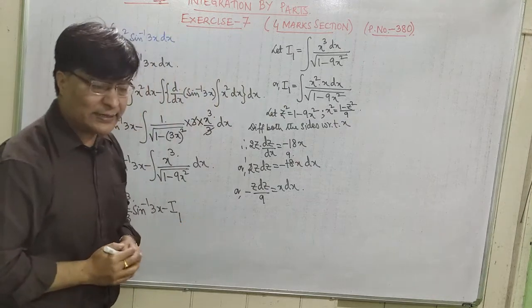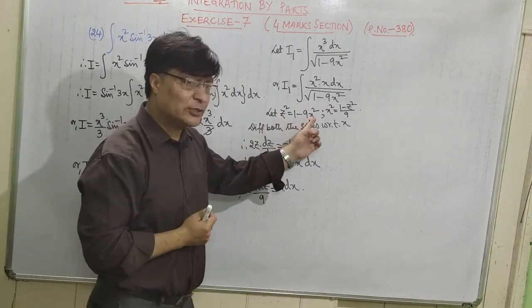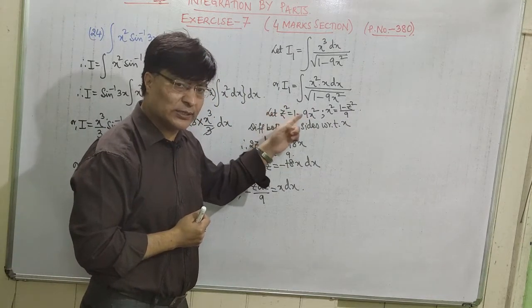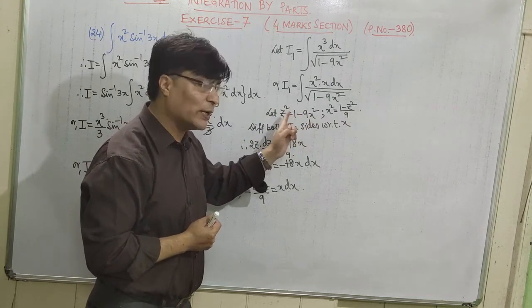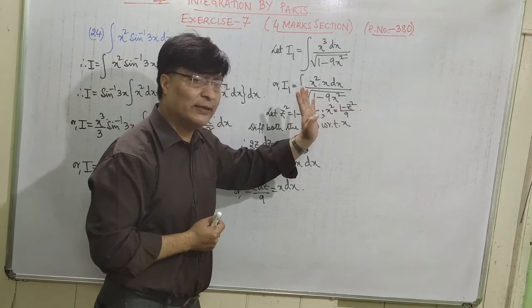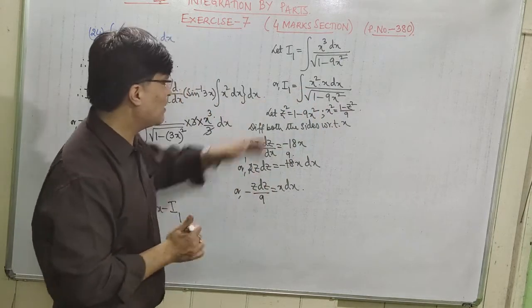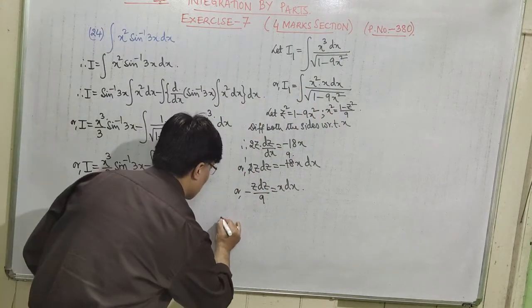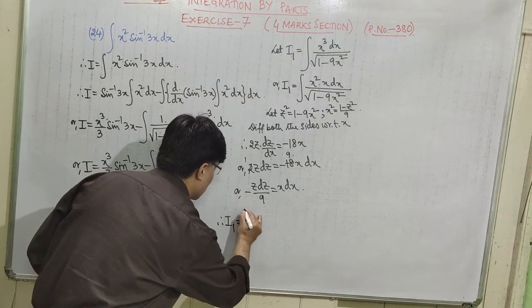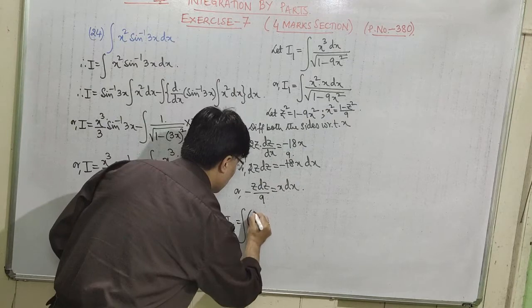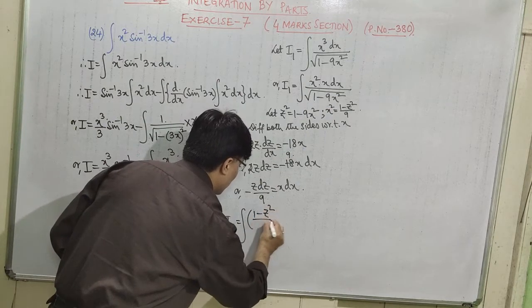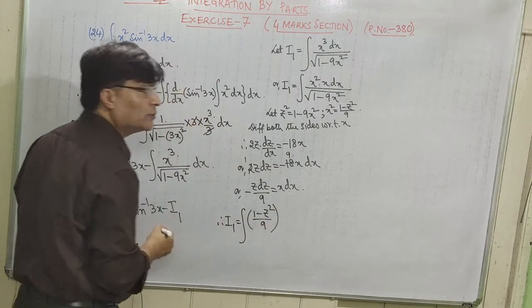So how did you get it? Minus 9x square is taken to the left hand side. So it is 9x square is equal to 1 minus z square. So what is the value for x square here? 1 minus z square whole divided by 9. So let us put these values in I1 now. So therefore I1 is equal to integration of, what is x square? It is 1 minus z square by 9 bracket closed.